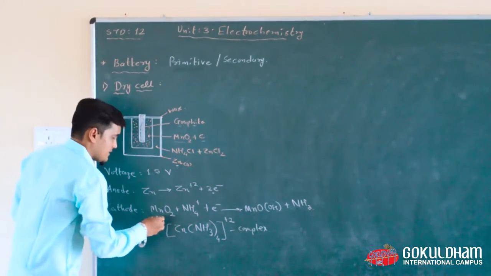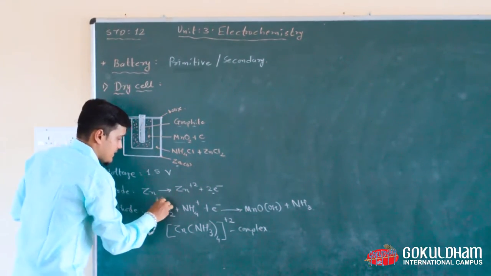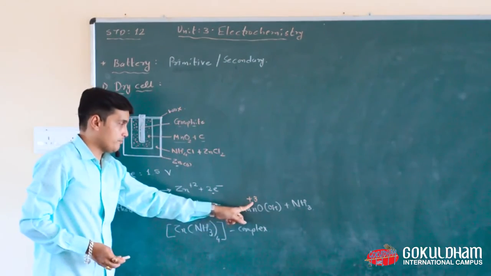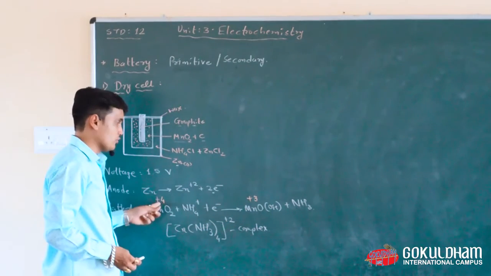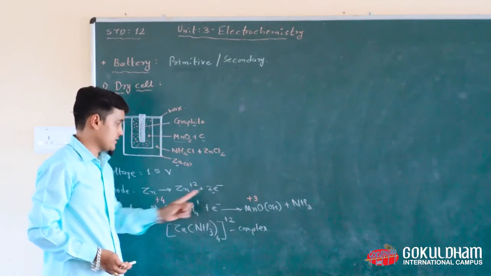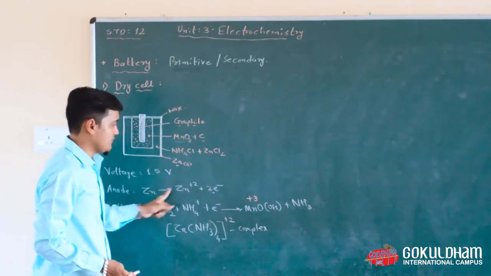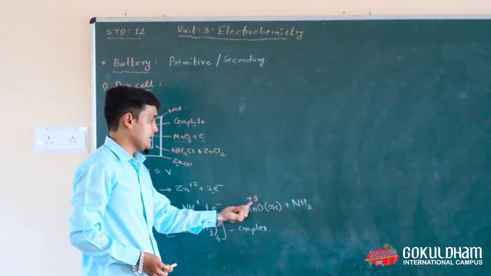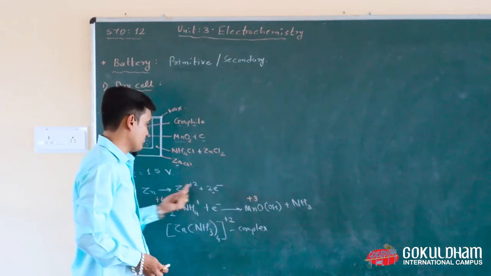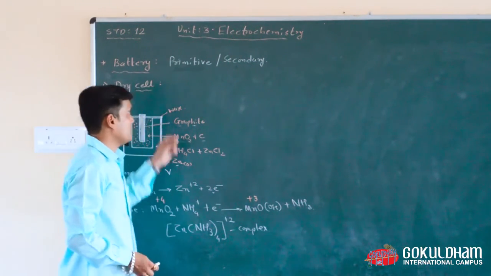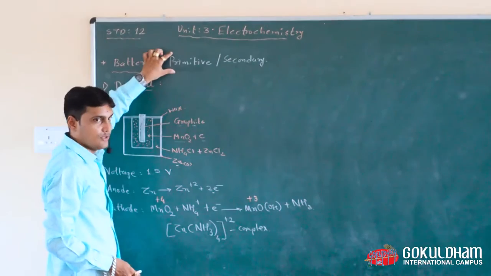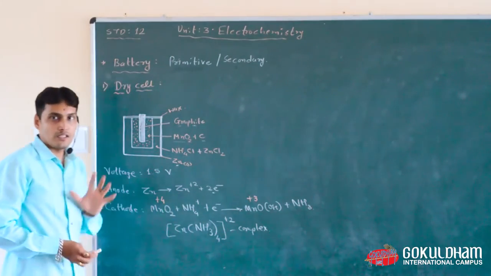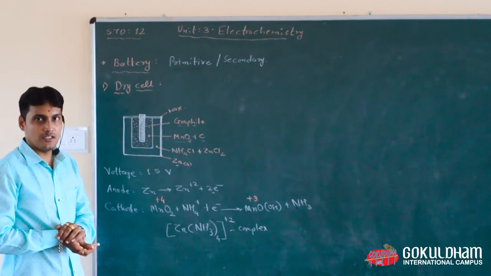We cannot change this oxidation state from plus 3 to plus 4. This is the discharging process, where plus 4 oxidation converts into plus 3. But we cannot reverse this chemical reaction from plus 3 to plus 4. That's why this cell is known as a primary cell, and you cannot reuse this cell after the chemical reactions are over.